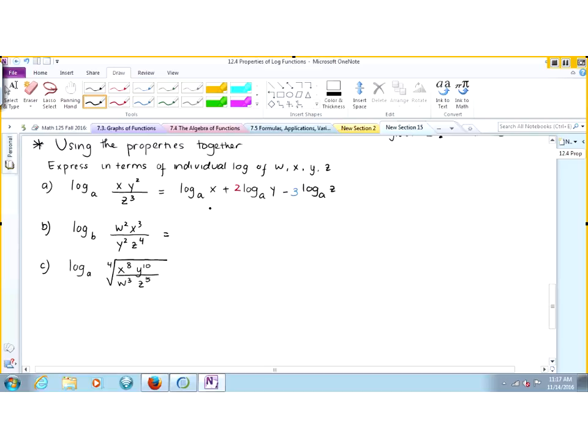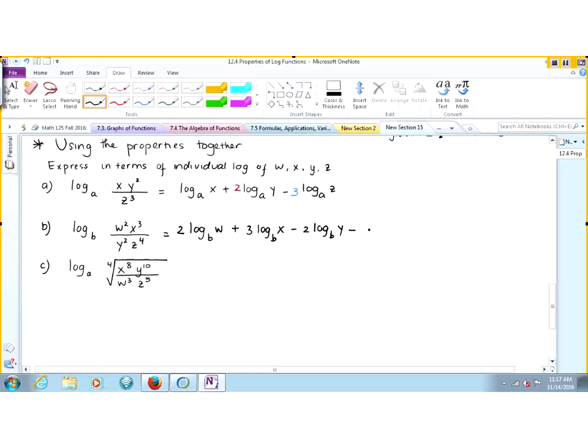Okay, so how do we do B? Log base b of w squared, but I'm not writing the square. 2, yes. Plus 3 log base b of x. Minus 2 log base b of y, since this is on the bottom.